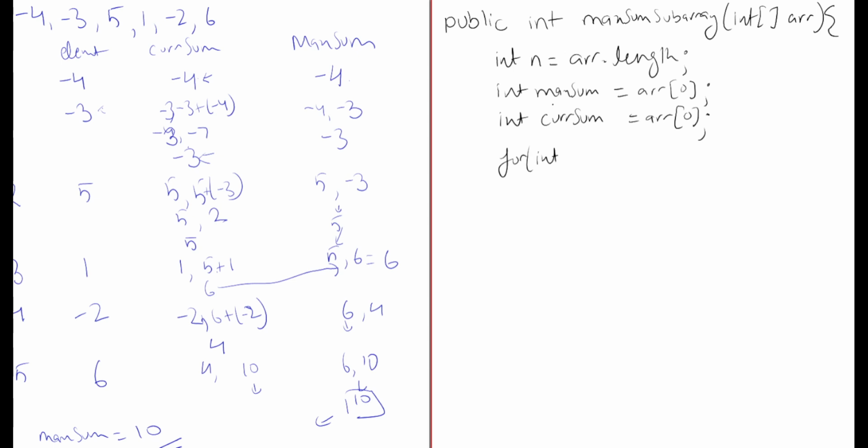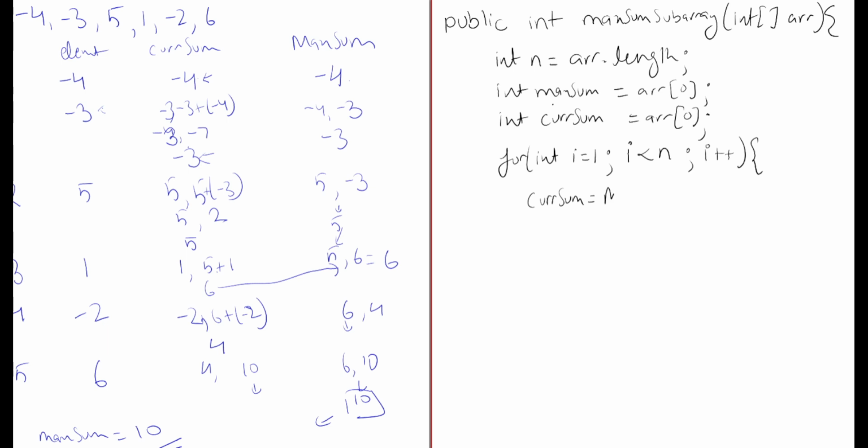For int i is equal to 1, because index 0 we have already traversed, so we don't need it again. i is less than n, i++.